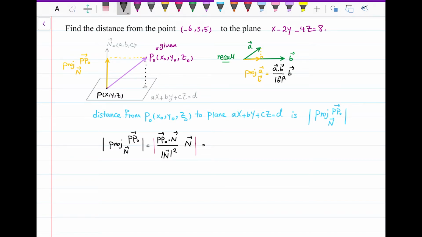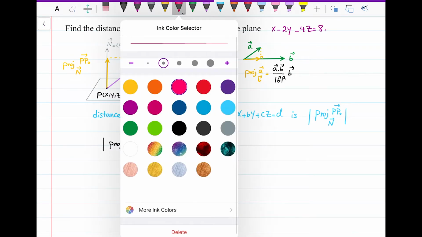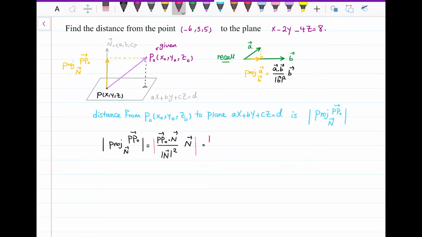Okay, so it would be what? It would be the absolute value, because this is the number. The length of a number doesn't have any meaning, so it would be the absolute value of P0 dot n over absolute value of n squared.